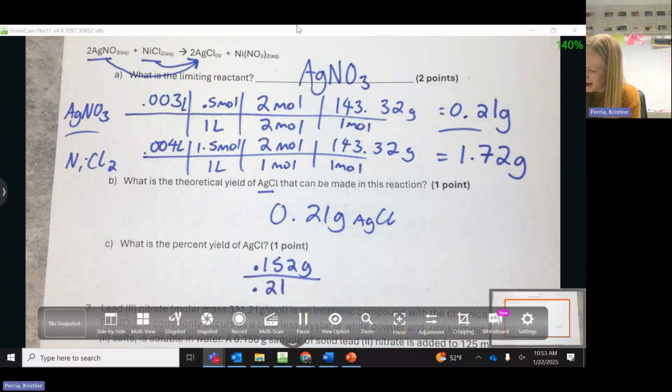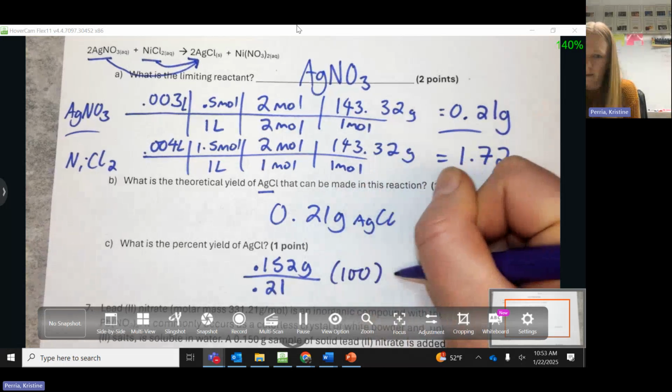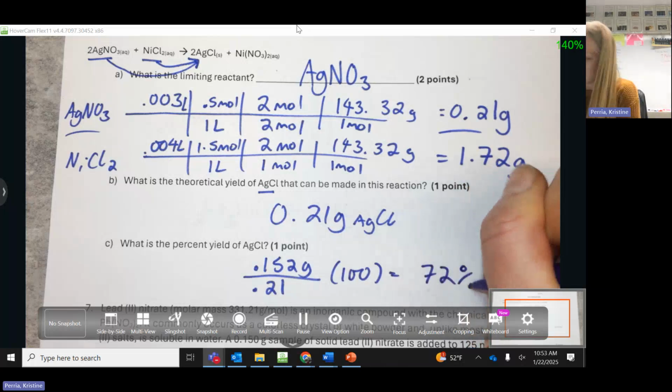So 0.152 divided by 0.21 is going to equal 0.72, but times 100 is 72%.